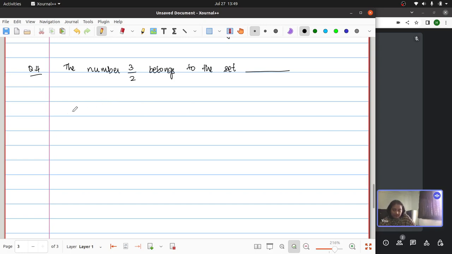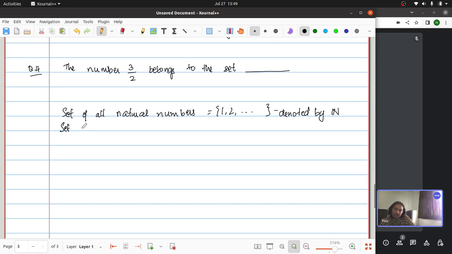So let me just restate the natural numbers. This is the counting numbers, which is denoted by N.